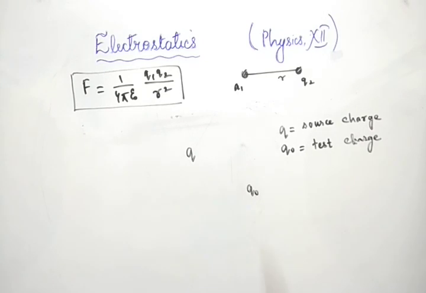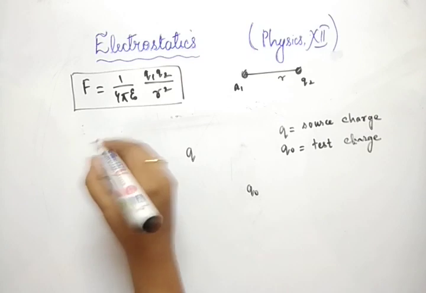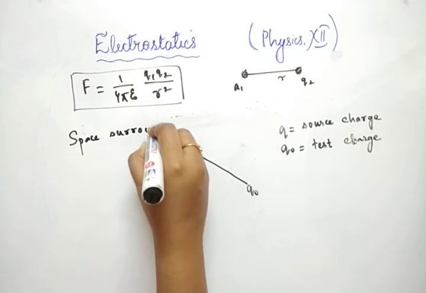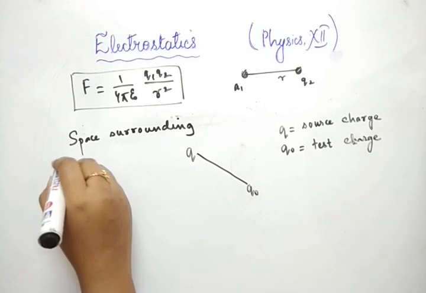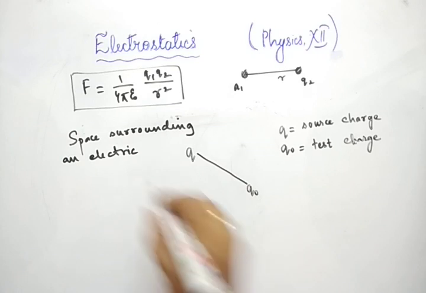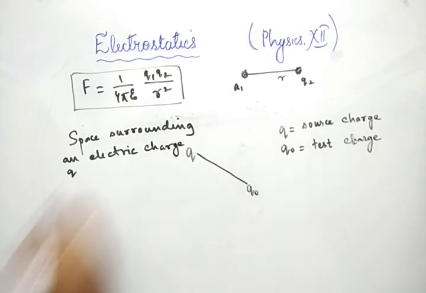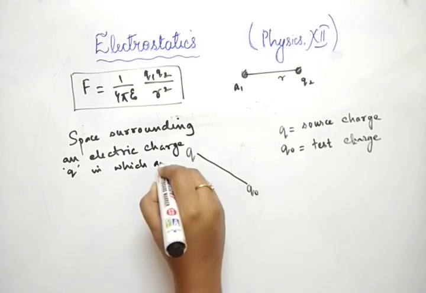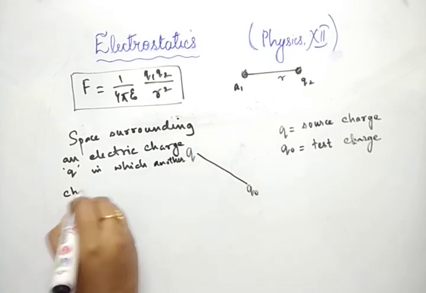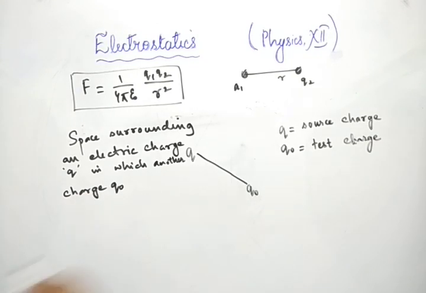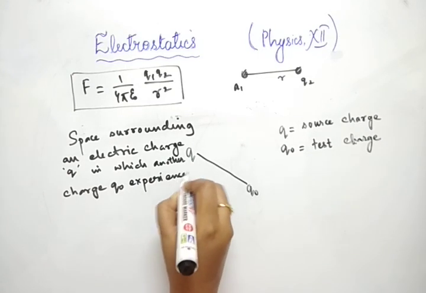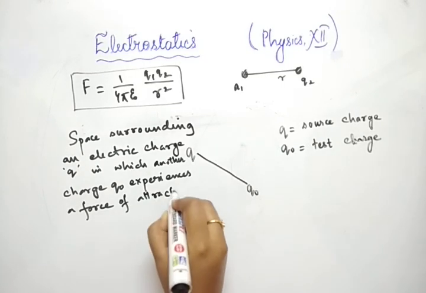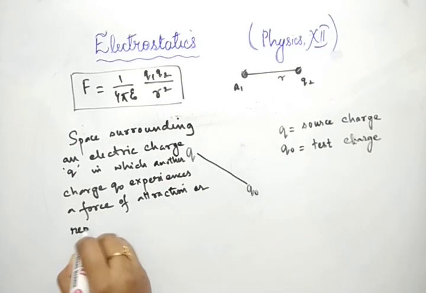So electric field can be defined as the space surrounding an electric charge Q, in which another charge Q naught experiences a force of attraction or repulsion.